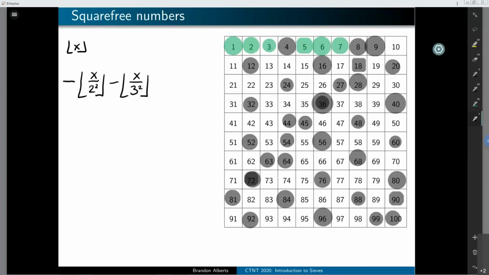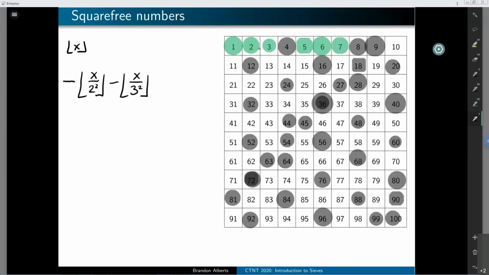Before we keep going, we have to stop and think for a second. 36 and 72 are a little darker because I've removed them twice. If we're trying to count the number of square-free numbers, and I look at what I've written in my equation on the left-hand side, I've subtracted a 1 for 36 two times, and a 1 for 72 two times.